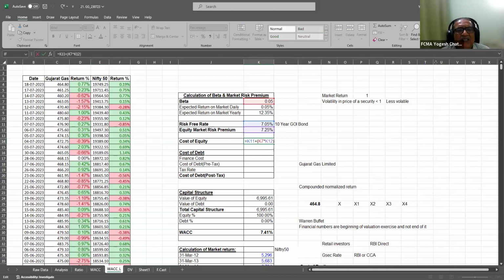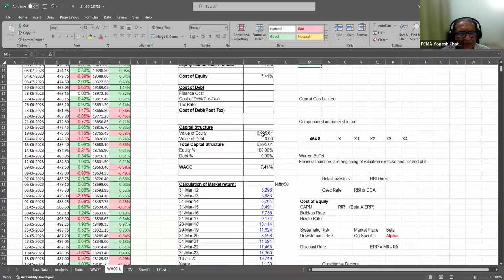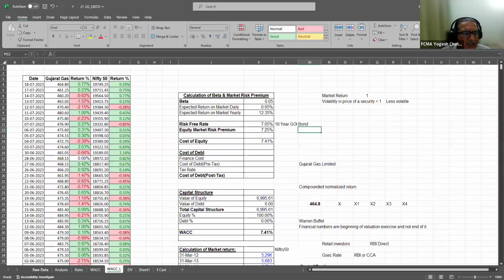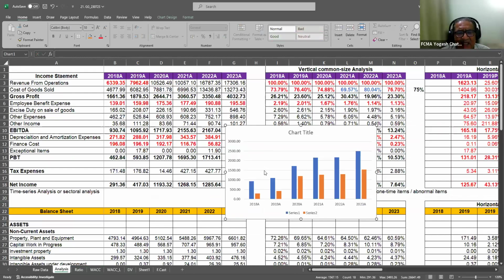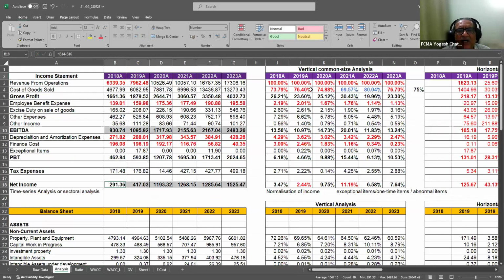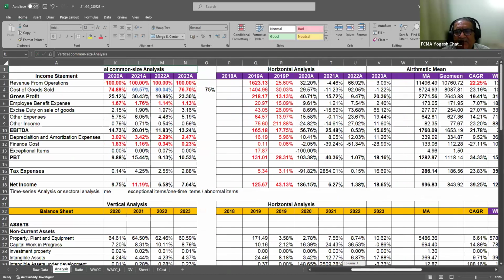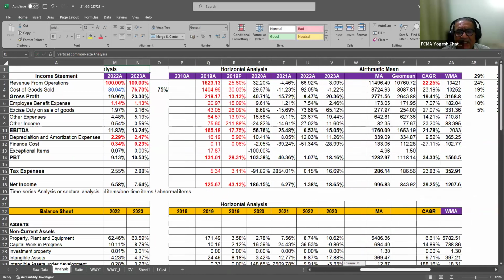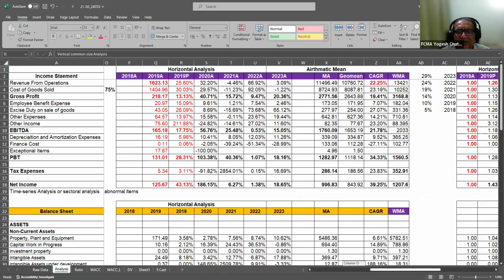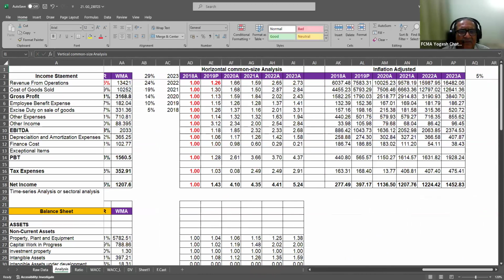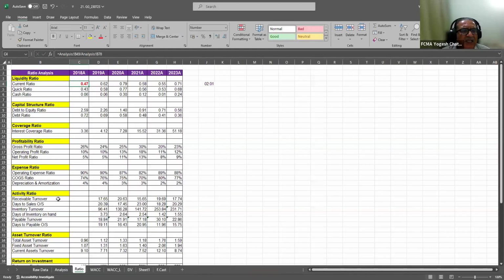How to compute each one of these, I have explained in greater detail. So I hope that was useful. What we have completed till now is the common size analysis, the vertical common size analysis, the horizontal analysis, the arithmetic mean, the geometric mean, the compounded average growth rate, the weighted moving average, the horizontal common size analysis, the inflation adjusted numbers, and then we have done ratio analysis.